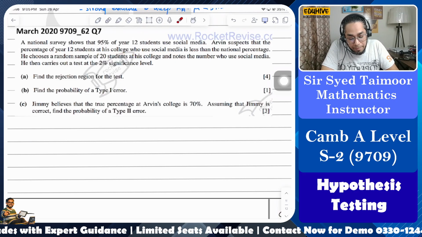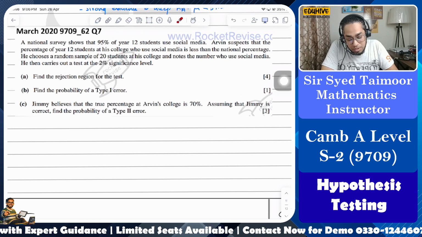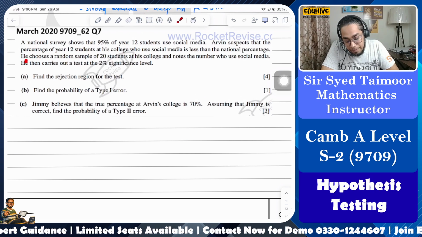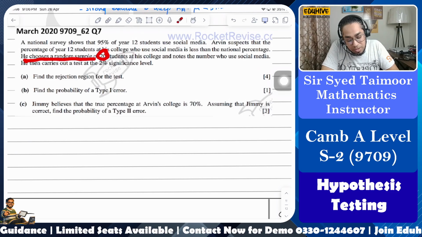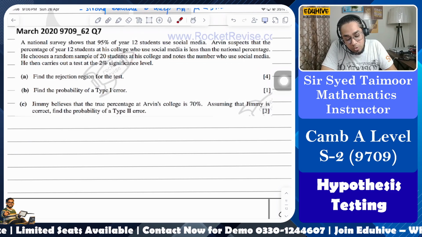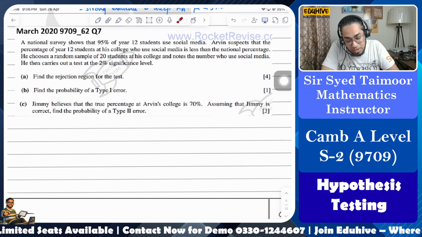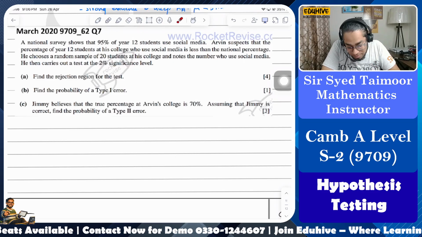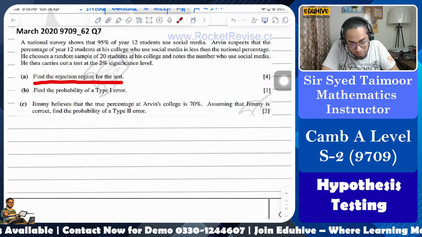So we are going for a less than, one-tail test. He chooses a random sample of 20 students at his college and notes the number of students who use social media. He then carries out a test at 2% level of significance. Find the rejection region for the test.